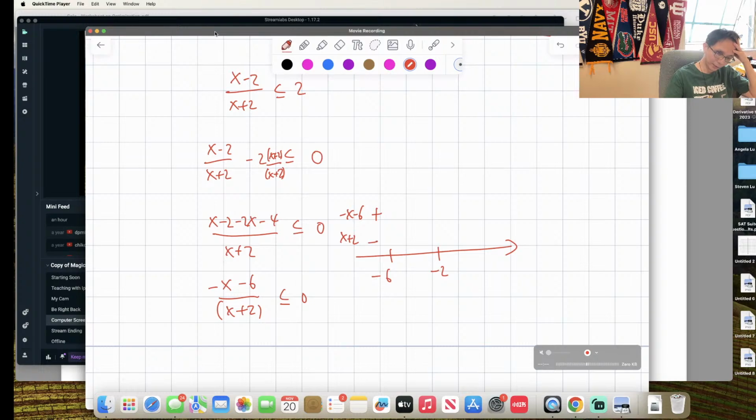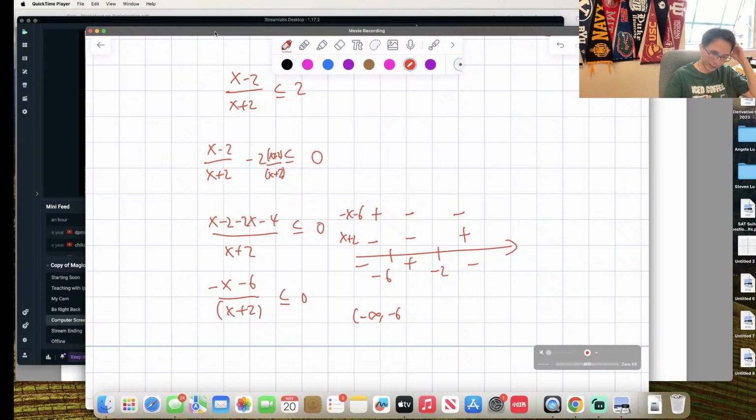Negative 3 is negative, negative, and 0 is going to be negative, positive. So it's negative, positive, negative. So it's less than 0. It's going to be negative infinity to negative 6.